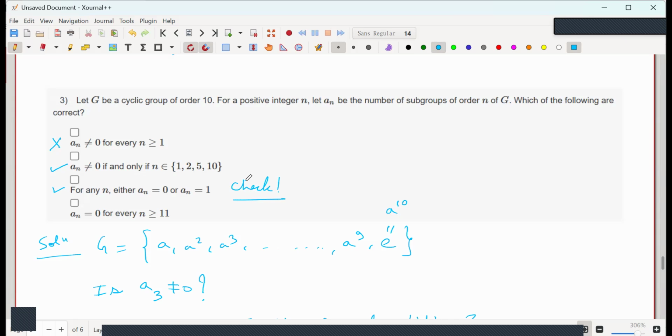So a cyclic group of order m has subgroups for each divisor of m, right? And those subgroups are unique. So either A_n equals 0 or it is equal to 1. And of course, if n is greater than or equal to 11, a cyclic group of order 10, or any group of order 10, cannot have a subgroup of order 11, right? A subgroup cannot have more elements than the group itself. So this one is also wrong. Okay. So only this part is left for you.